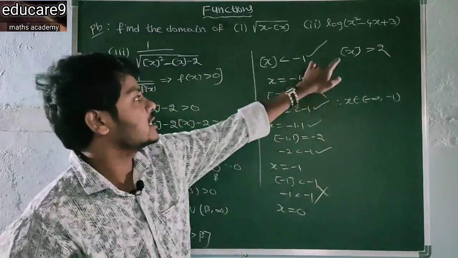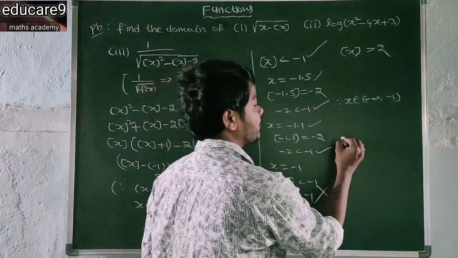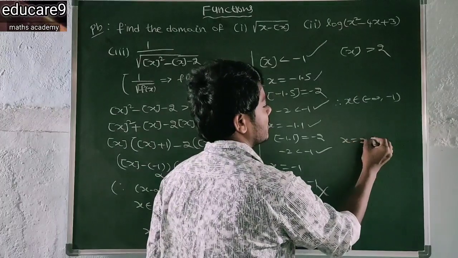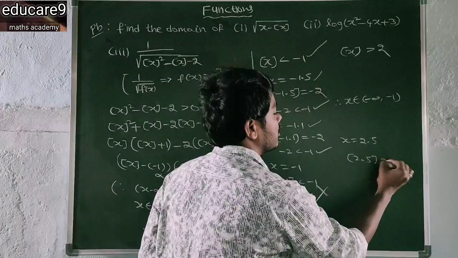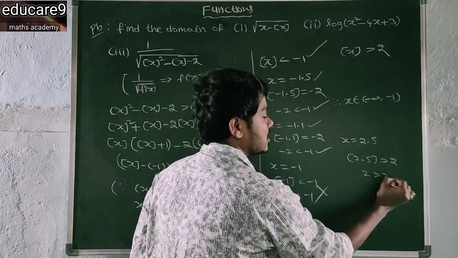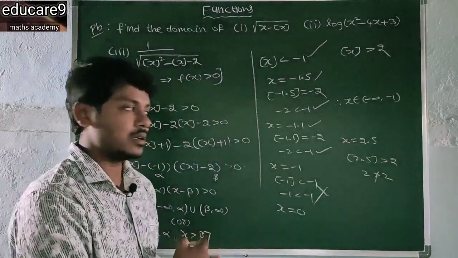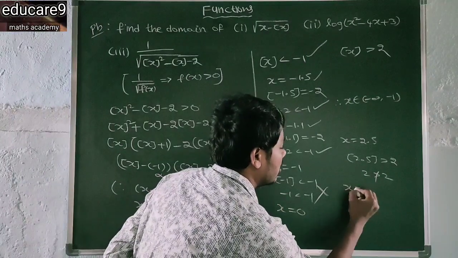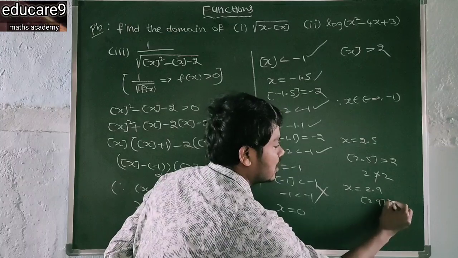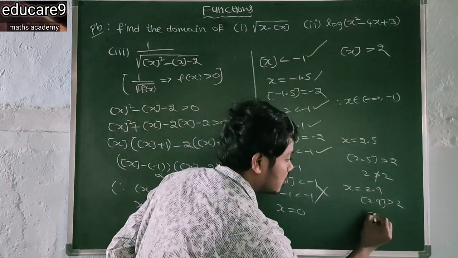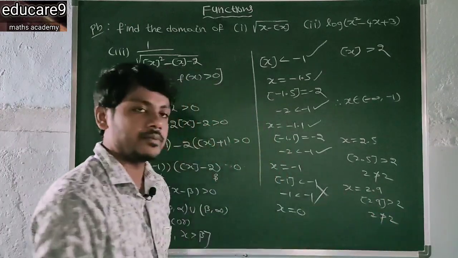Now find step x is greater than 2. For example, x is equal to 2.5. So what is step of 2.5? 2 only. Na? This is not satisfied. For example, x is equal to 2.9. Step of 2.9 is what? 2 only. Na? So this is also not satisfied.